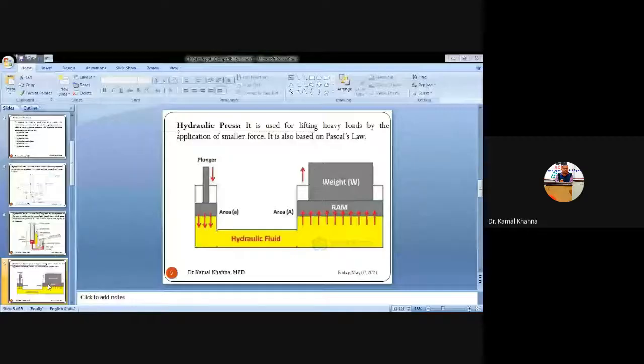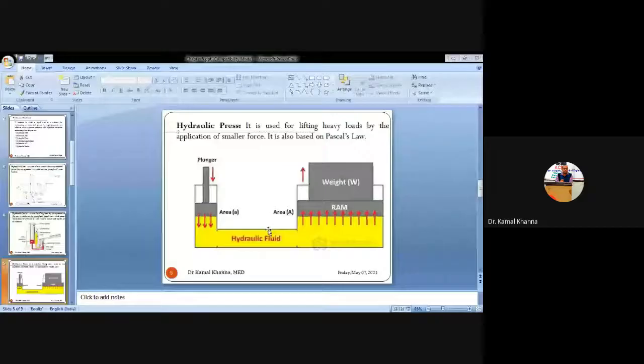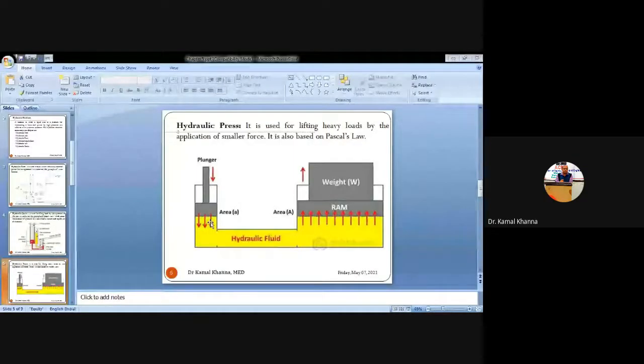On one side, you can see the diameter of the arrangement is very large as compared to the diameter on the other side of the press. So there are basically two cylinders attached to the hydraulic oil pipe. You can say the hydraulic press consists of two cylinders of varying diameters.